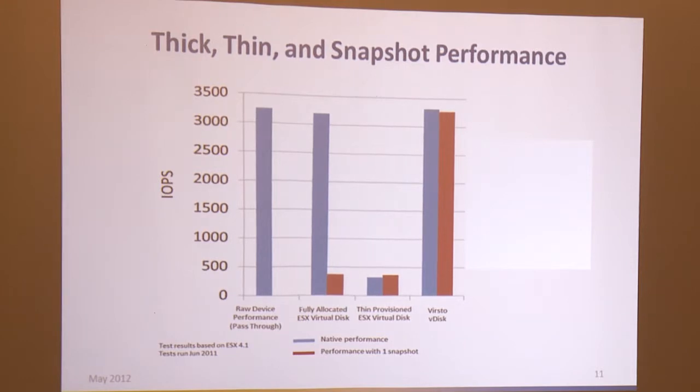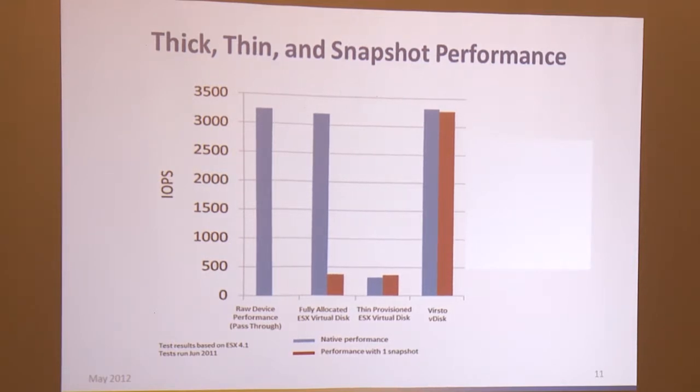The second set of columns, the blue and the red. So the blue is a thick VMDK, and as soon as I attach a snapshot to it, this is an ESX copy on write snapshot, you can see the performance on that drops by about 90%. Now, it's not just the snapshot I'm getting poor performance on, I'm also getting poor performance against the source device that I created that snapshot on.